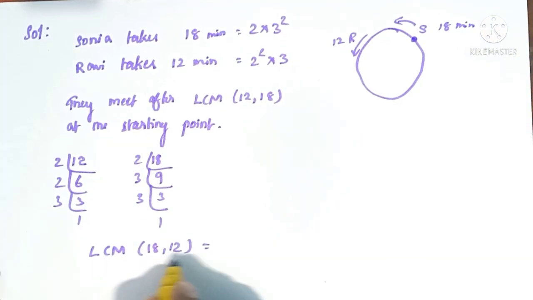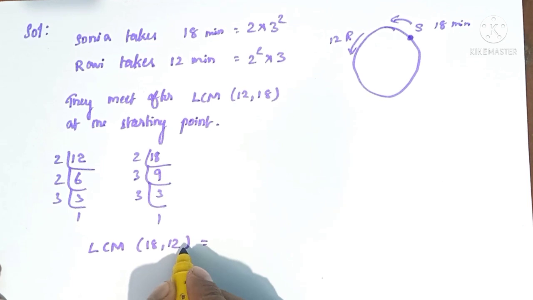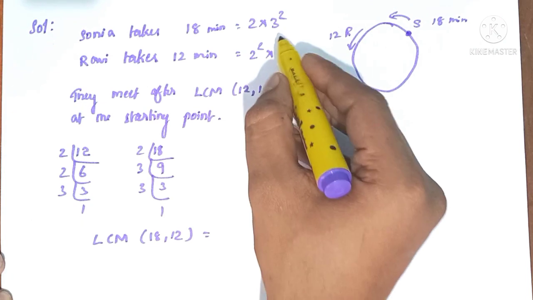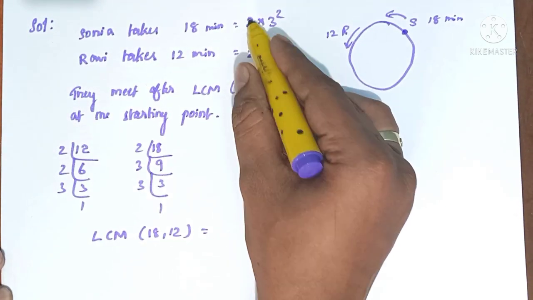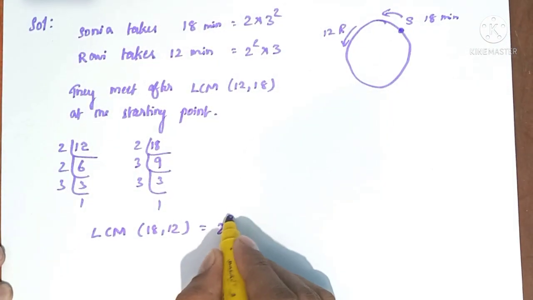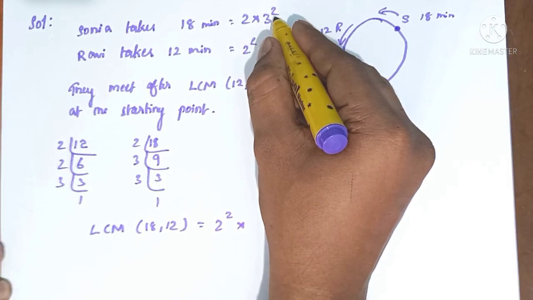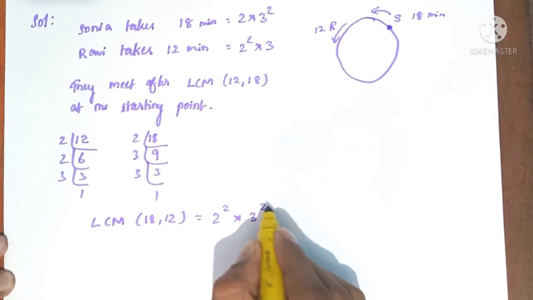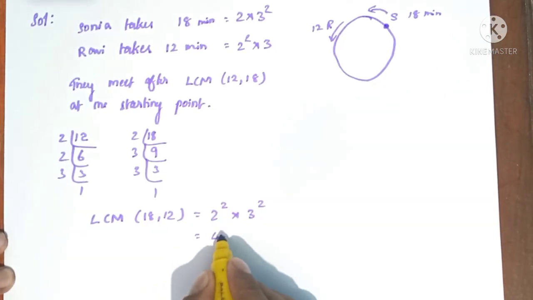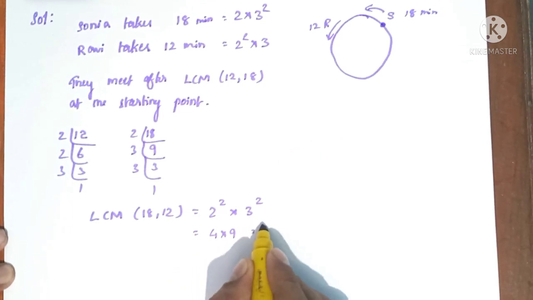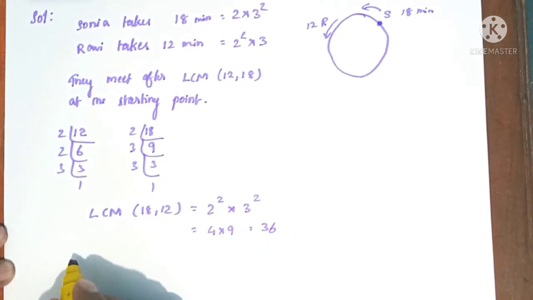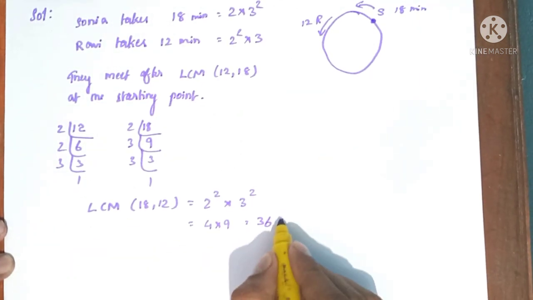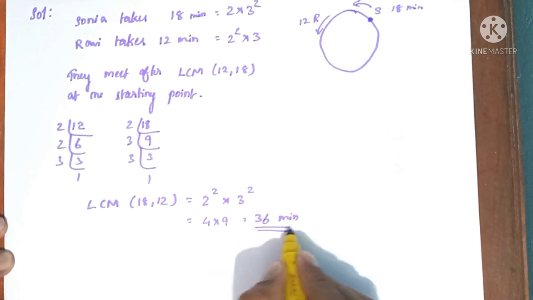So the LCM of 18 and 12 is, what is the highest power of 2 here? That is 2 raised to 2, into, what is the highest power of 3 here? That is 3 raised to 2, that is equal to 4 into 9 equal to 36. So Ravi and Sonia will meet again at the starting point after 36 minutes. Okay.